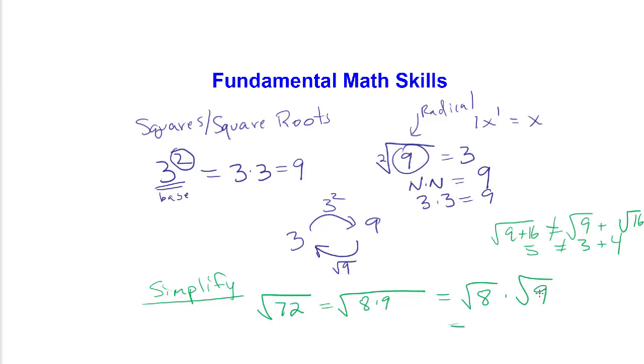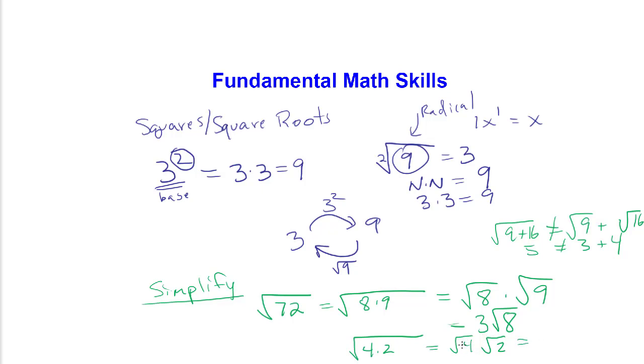So the square root of 9 is 3, so this is 3 root 8. Well, can I keep going? Are there any perfect square factors of 8? I think so. Let's look at that. The square root of 8 I could rewrite as the square root of 4 times 2, which I know is the square root of 4 times the square root of 2 separately. I can do that again in multiplication, breaking apart my radicals. And the square root of 4, well, that's 2.